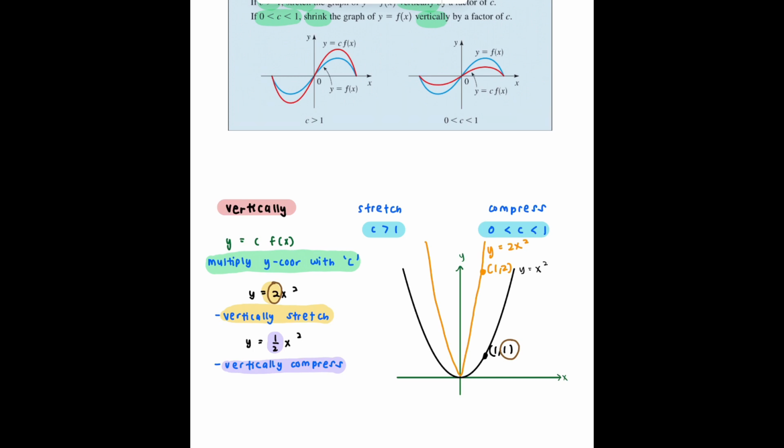So that is your new graph, this is the new graph of y equal to half x squared. What happened to the point? Let's say this is your point. Multiply the y coordinate with C. Original y is 1. 1 times half is half. So your new point here will be 1 and half.